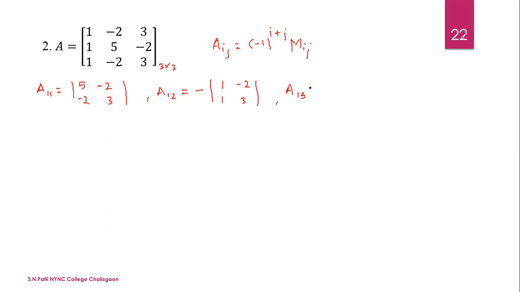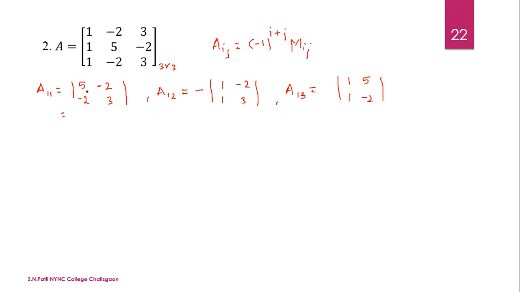A13, that is first row third element. The minor is deleting row and column, that is 1, 5, 1, minus 2, and the sign is minus 1 raised to 1 plus 3. See the addition, 1 plus 3 is even. If even, then keep the sign as it is.